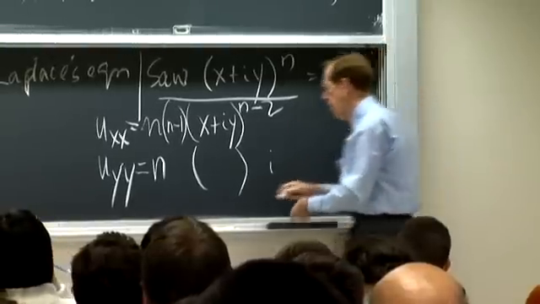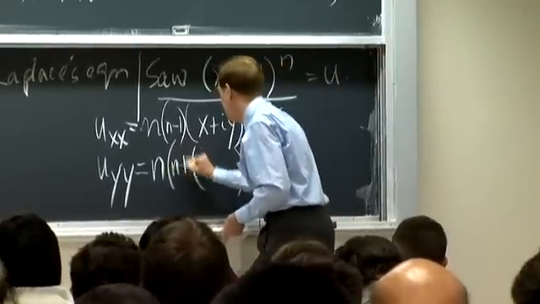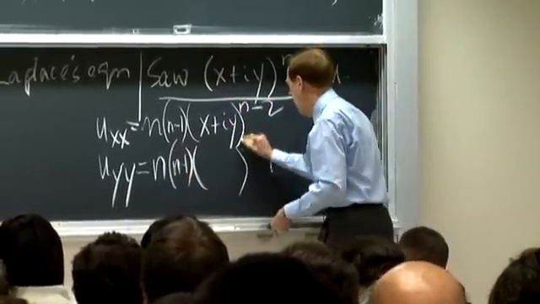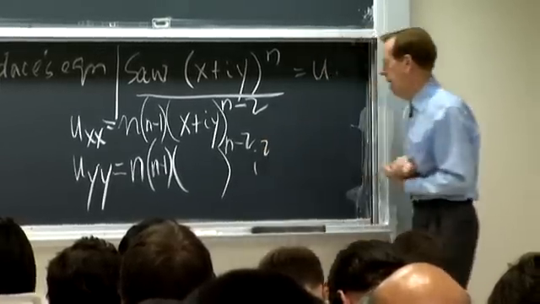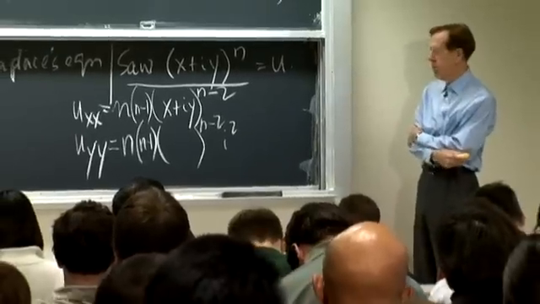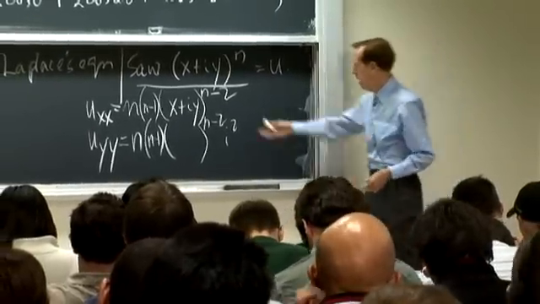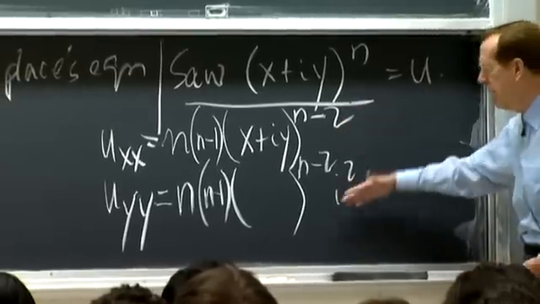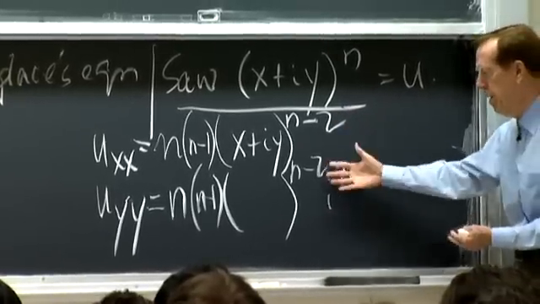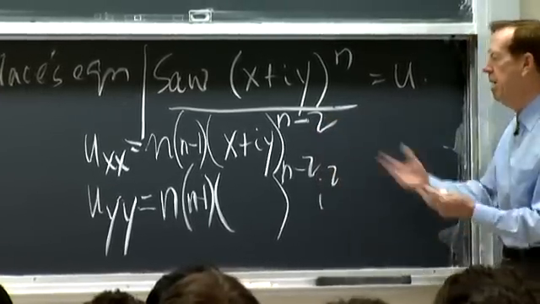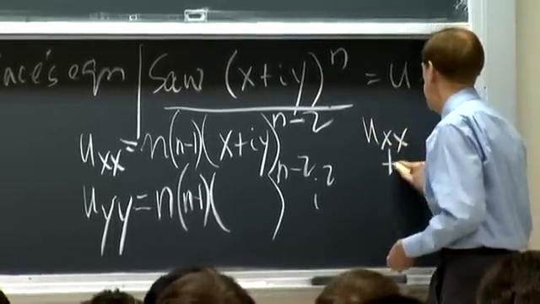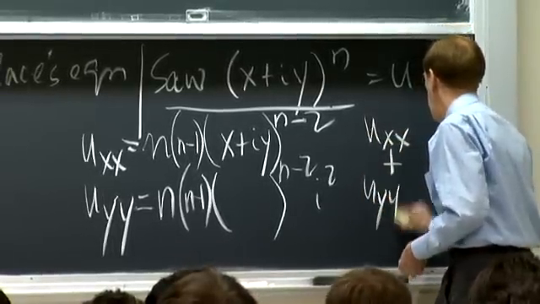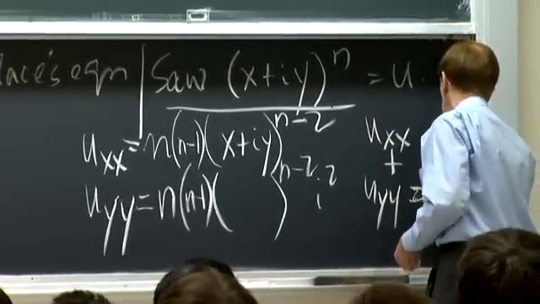And then the second derivative will bring down an n minus 1. This guy will be down to n minus 2. Another i will come out, and just what you want, right? Because i squared is minus 1. Those cancel when they are equal and opposite sign, and we get uxx plus uyy equaling 0.